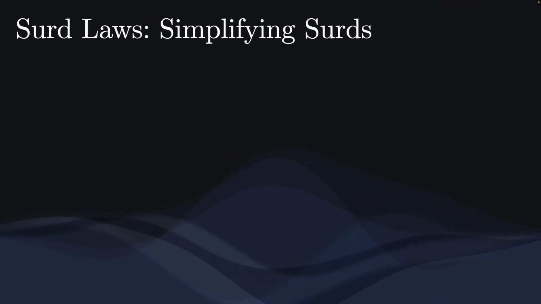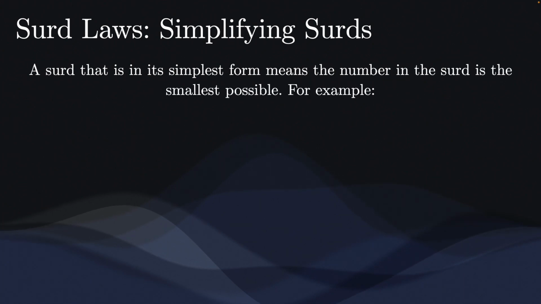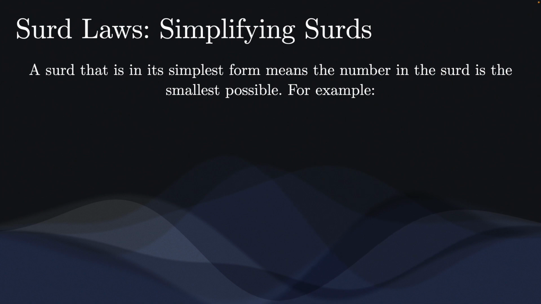If you get an answer in the form of a surd, that means you need to try to figure out how to simplify that surd, that square root, or that nth root. Simplifying a surd to its simplest form means that the number in the surd is the smallest possible integer, the smallest possible whole number.